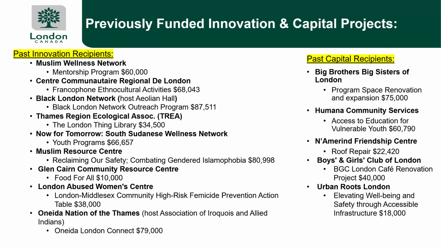It's just based on the competitiveness of the application. So there have been years where we've only funded one capital project and funded 7 or 8 innovation projects. And sometimes it's even. We've funded 4 innovation and 4 capital. So it just all depends on the applications themselves.